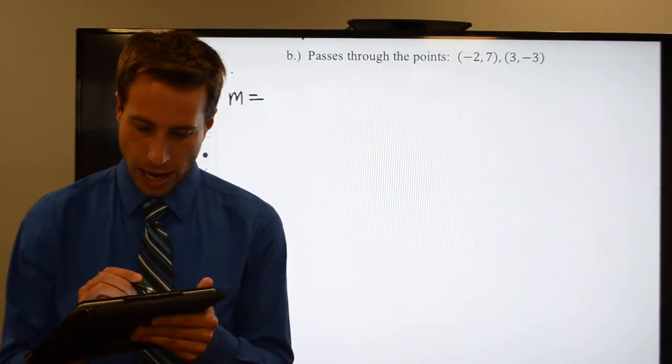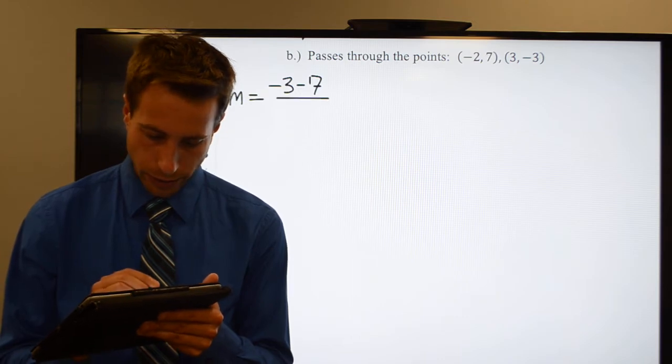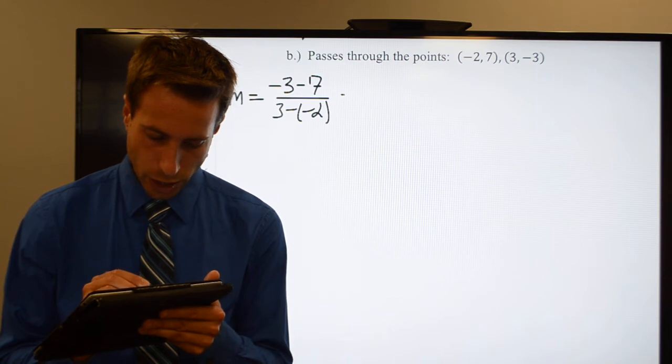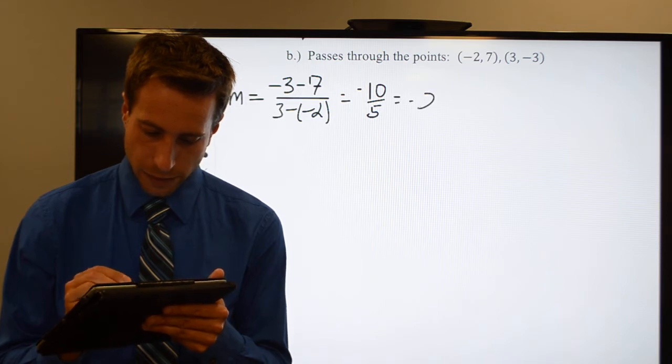Let's just go straight to it. I'm going to have a -3 minus 7 all over 3 minus a minus 2. Careful, watch your signs. Should be a negative 10 over a positive 5, which is going to be a negative 2.